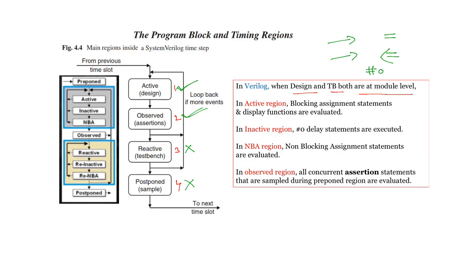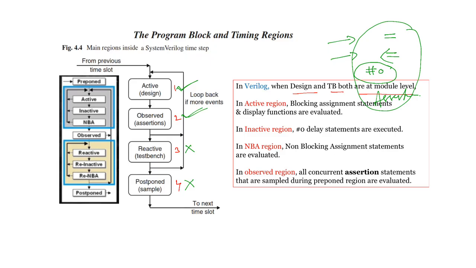Zero delay statements use hash, for example in the test bench when you wait for something, that is a hash delay statement. And some assertions are nothing but verifying the functionality of your DUT by writing assertions. Your modules consist entirely of only these statements.